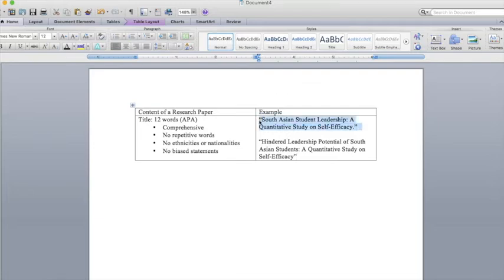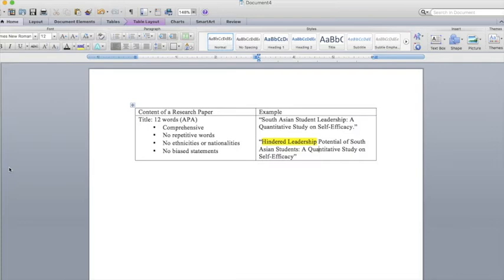Before you do a research, you don't know whether you are going to get positive results or negative results, whether students are good in self-efficacy or not. You don't know that, right? So that has to be communicated just like that in your title. But in this title, it says hindered leadership potential. Hindered leadership means I already know that these guys don't have leadership. If I do that, I am being biased because I already have a prejudgment about this group of individuals, and I am putting that in my title. So the title should always be neutral, right?